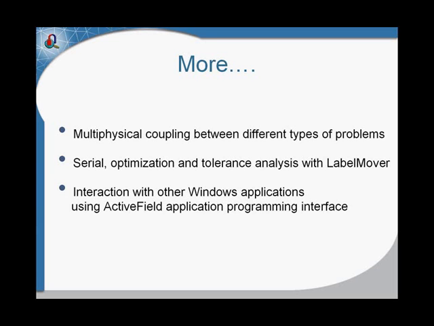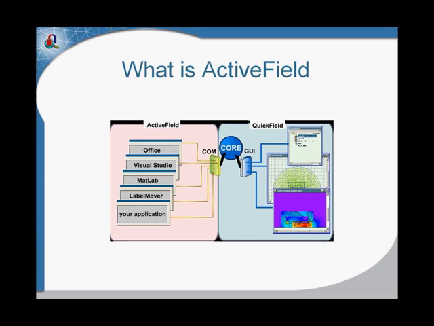It is called ActiveField. With ActiveField, we offer the possibility of accessing QuickField objects and data structures from other applications using our Open Object Interface. Its working principle is shown on the screen now.